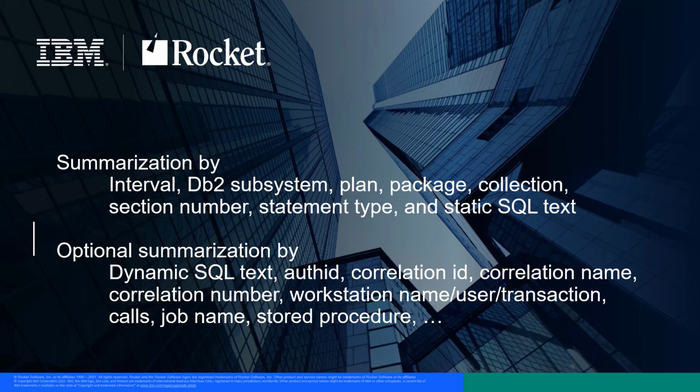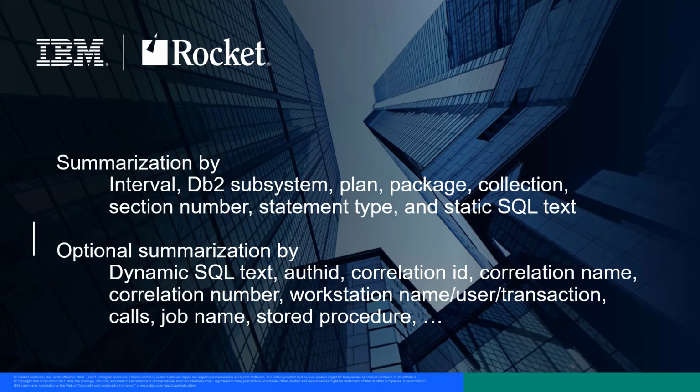In addition, there are optional summarizations by dynamic SQL text if you have dynamic SQL workload, auth ID, correlation ID, or correlation name and correlation number. These are the interpreted versions of the correlation ID. So we extract the CICS transaction name or IMS transaction name.